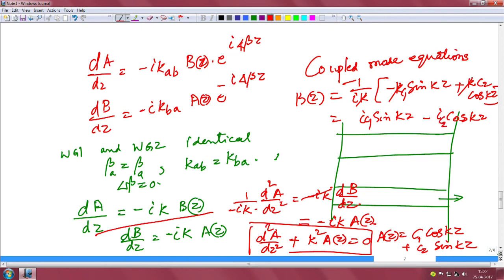When we apply the initial conditions, we can eliminate them and get what A and B are. Let me say A of z equals 1 at z equal to 0, all the light is there in the first waveguide, and B of z equals 0, as I mentioned in the beginning. So, substitute z equal to 0 in this and A equal to 1, and we get C1 equal to 1.